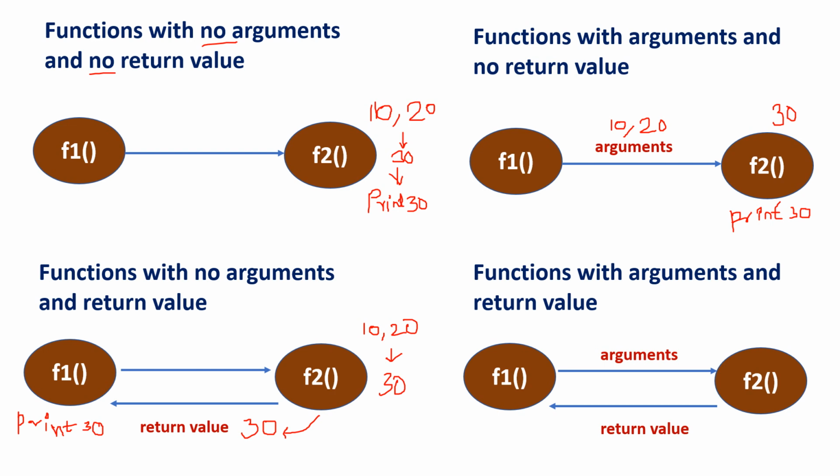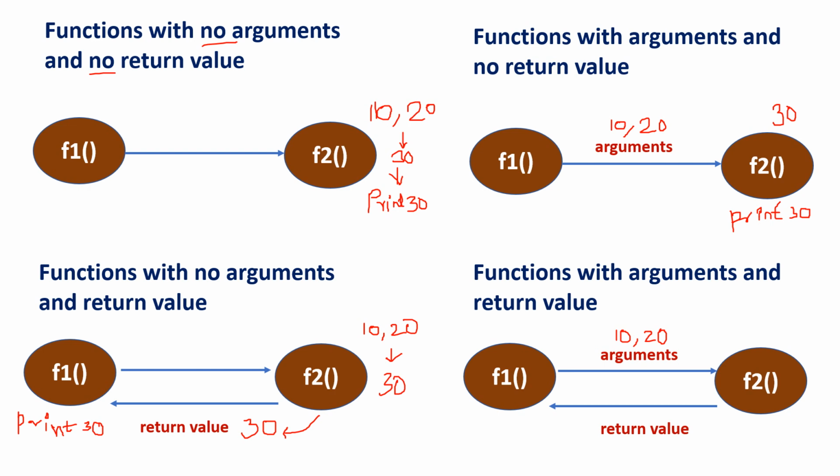And coming to the fourth scenario, functions with arguments and a return value. That means the f1 function is sending arguments and the f2 function is also returning a value. For this example, the f1 function calls the f2 function and also sends two arguments, 10 and 20.